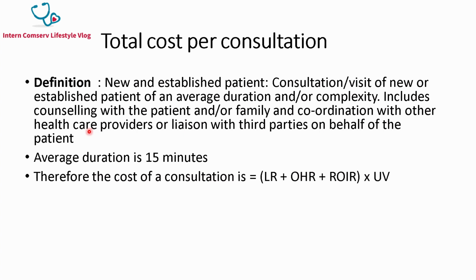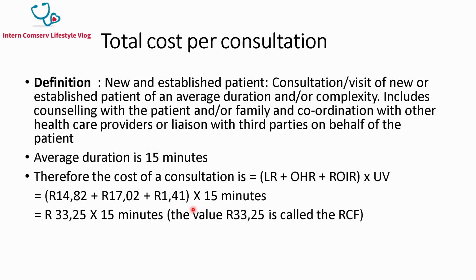Therefore, the cost of consultation is the 14 Rand for the labor rate, 17 Rand for the overhead rate, and 1 Rand 40 for the return on investment, multiplied by 15: 33 Rand and 25 cents multiplied by 15. This value, 33.25, is the Rand conversion factor. It's referred to as the Rand conversion factor.